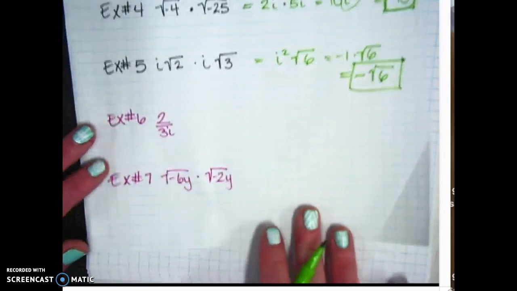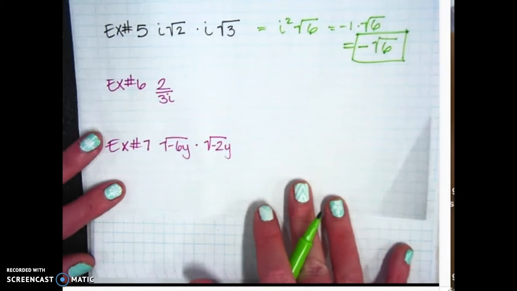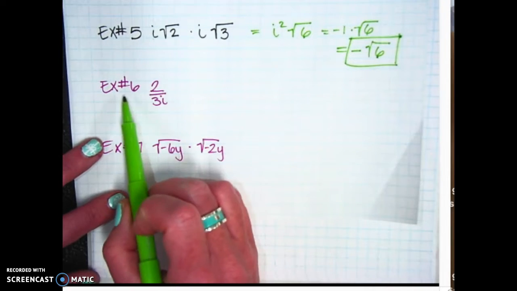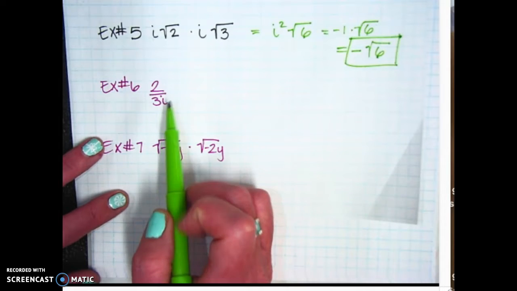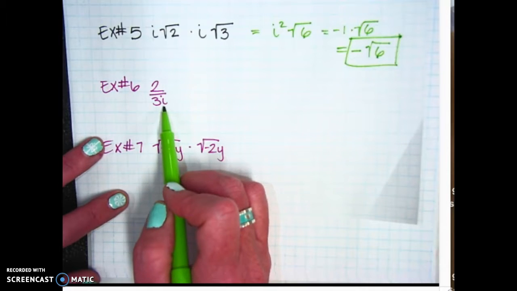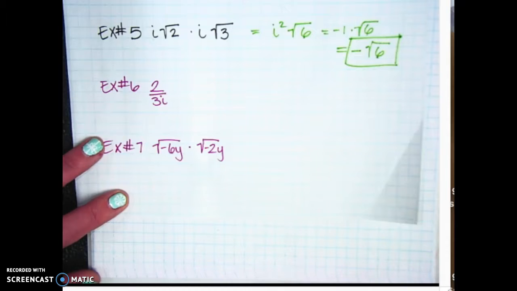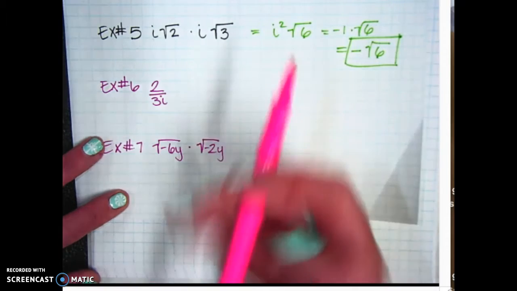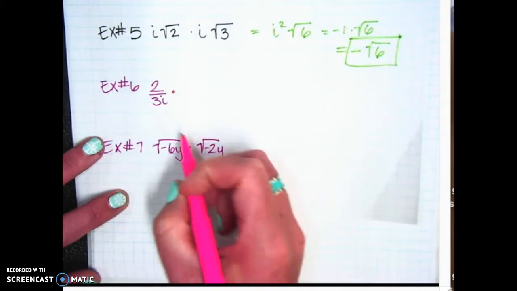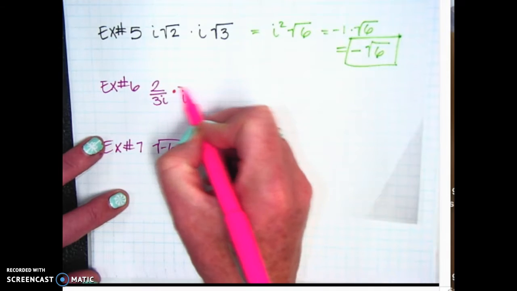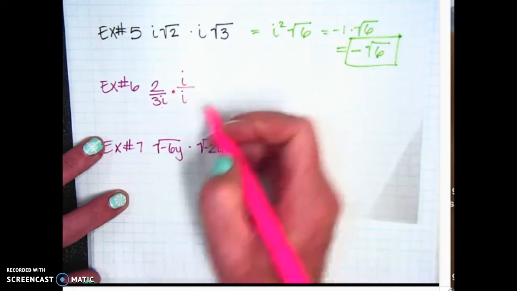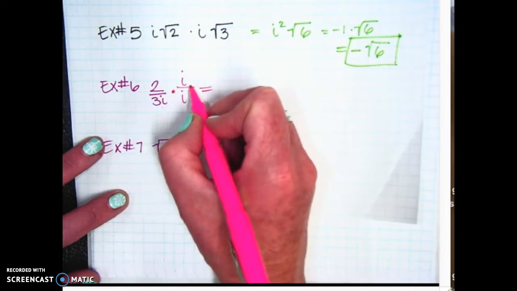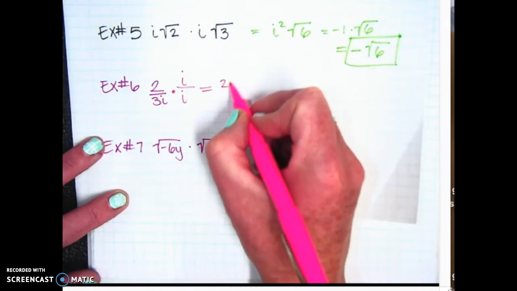Okay. Jumping down to number 6. So just like with radicals, we can't have I in the denominator, okay? So we need to multiply by I over I in order to get rid of the I in the denominator. So if we just multiply straight across, we're going to have 2 times I, which is 2I.